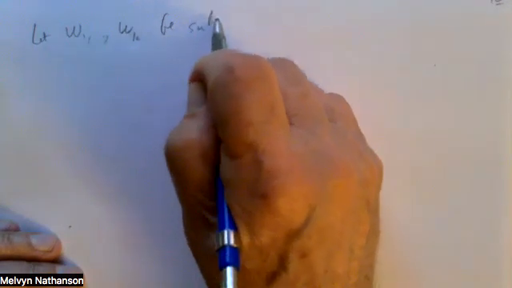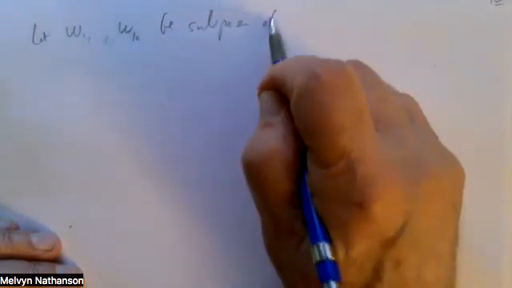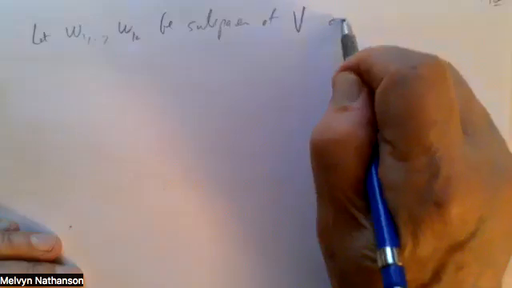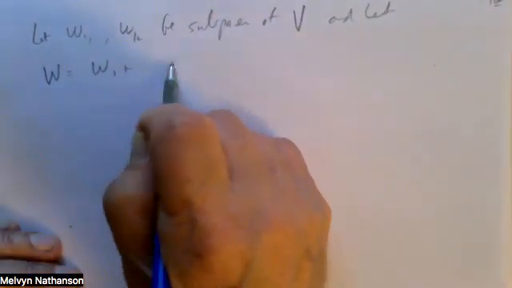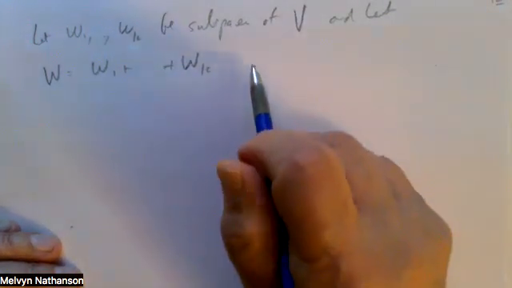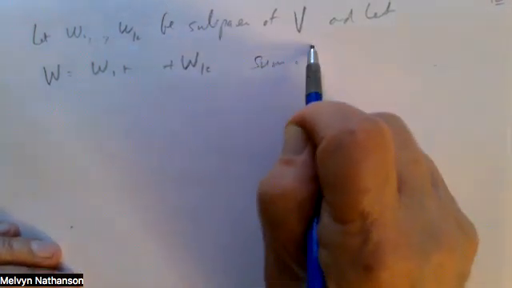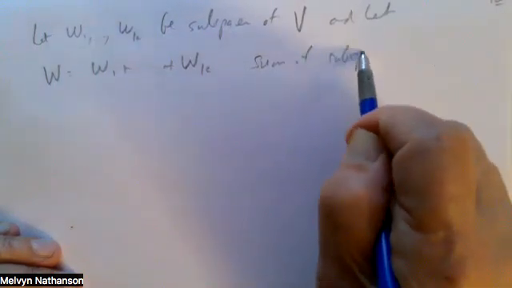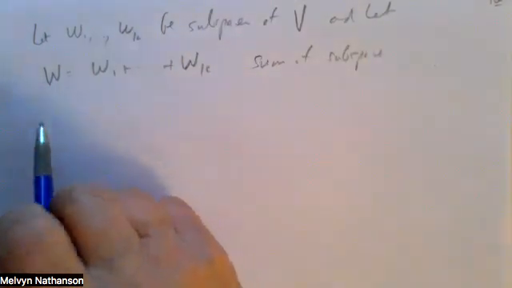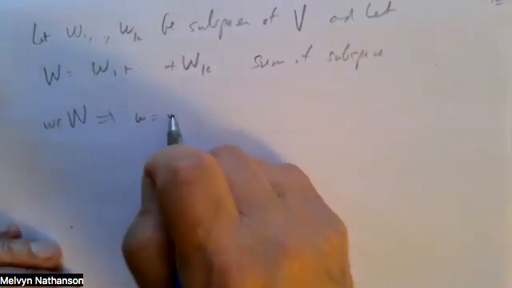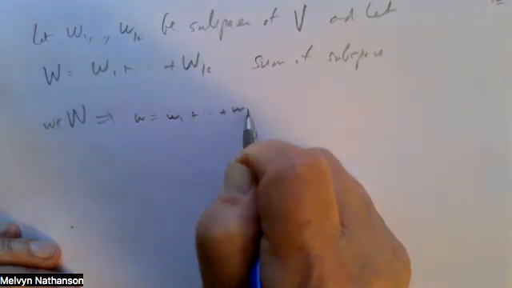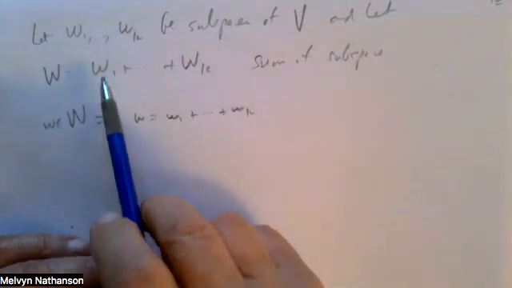If W1 up to WK are subspaces of a vector space V, and let W be the sum of these subspaces, so every vector in W can be written as the sum of k vectors, one chosen from each of these subspaces.